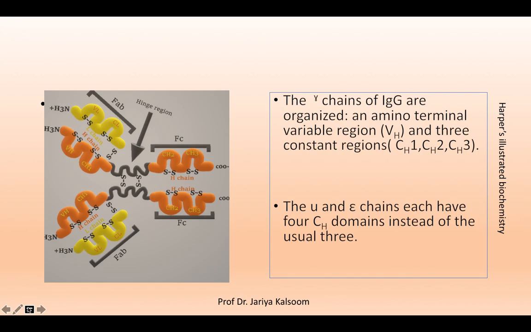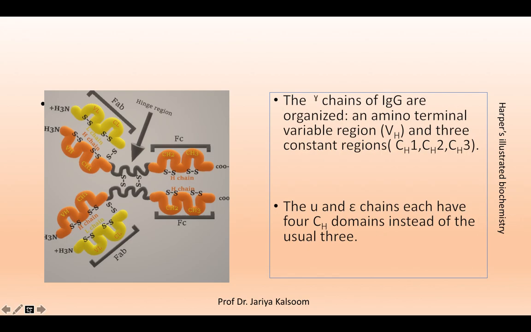C stands for constant. The gamma chains of IgG are organized into 4 conserved domains: an amino terminal variable region or VH, and 3 constant regions abbreviated as CH1, CH2, CH3. The mu and epsilon chains each have 4 CH domains instead of the usual 3.